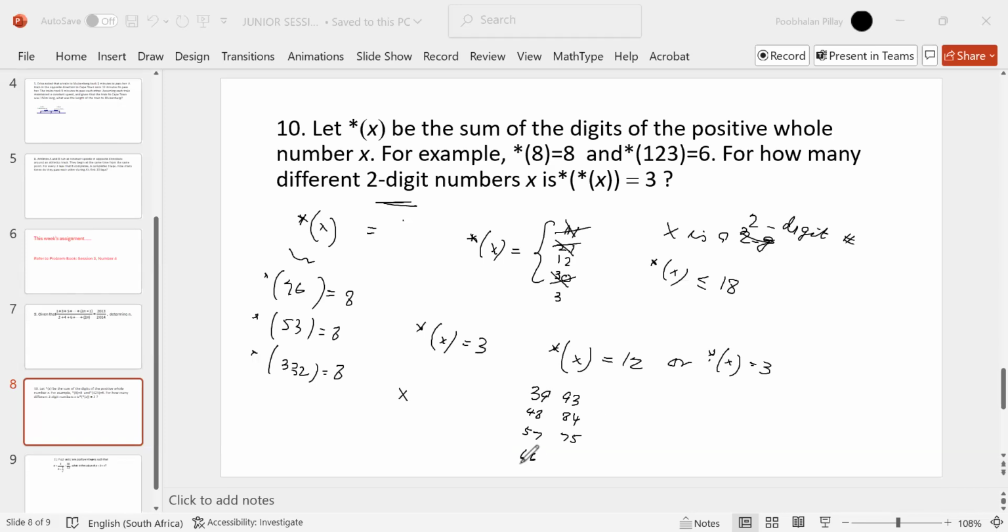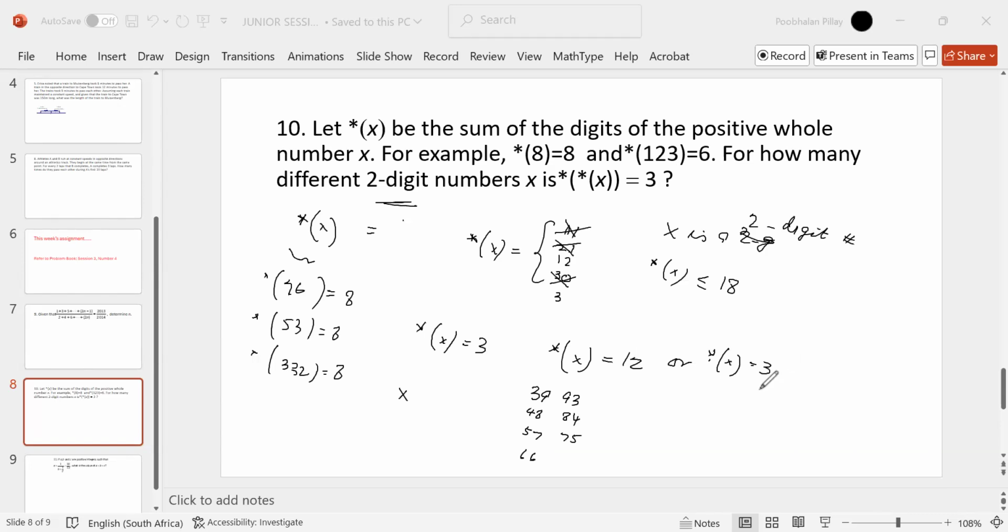So these are the 2-digit numbers whose star is 12. And when you work out the double star, you will get 3, because all of them give you star is 12, and the star of 12 is 1 plus 2, which is 3. So these are the possibilities.